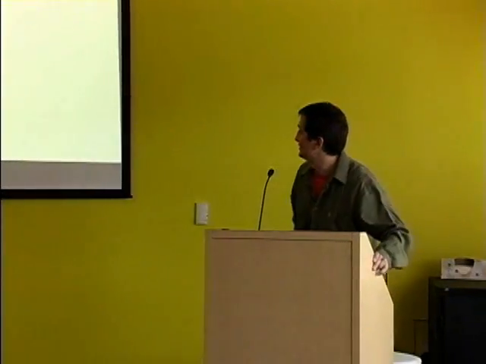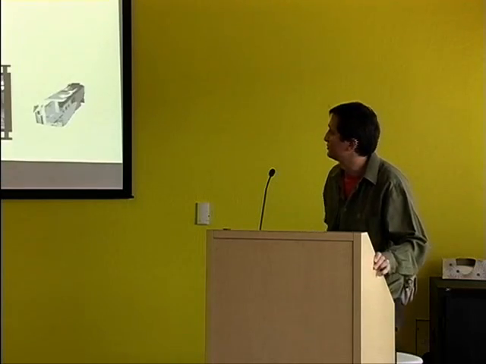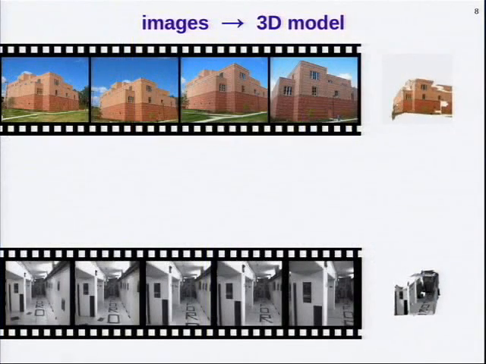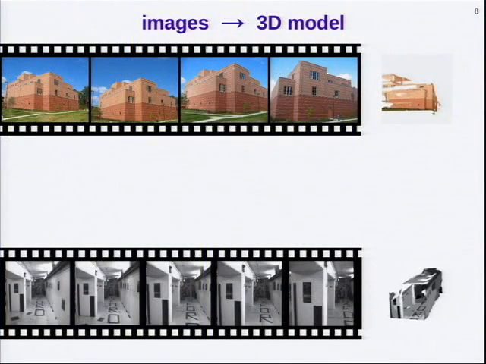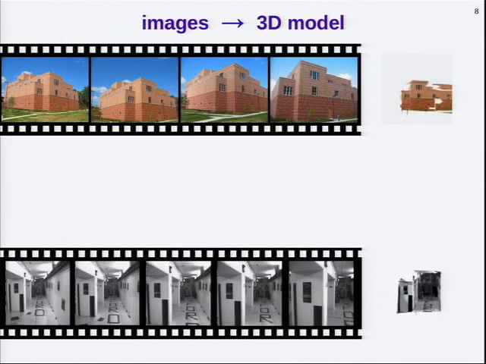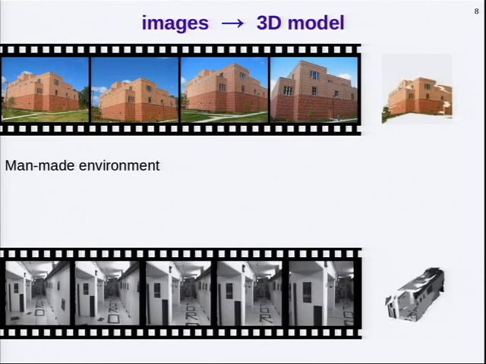Thanks, Jana, for the introduction. Now let me continue and present our approach for 3D reconstruction from a small collection of wide baseline images. We especially focus on man-made environments.